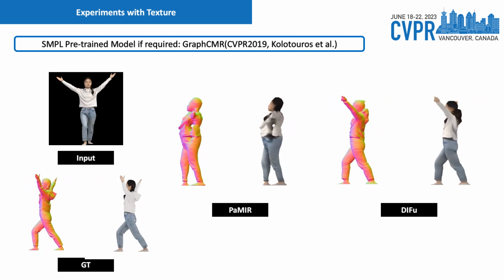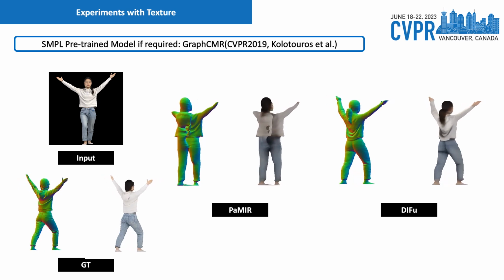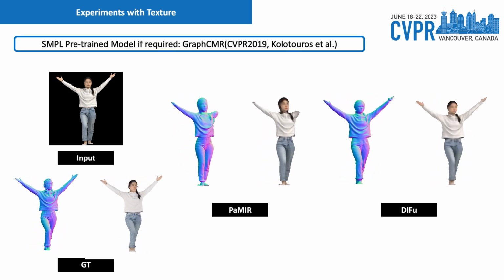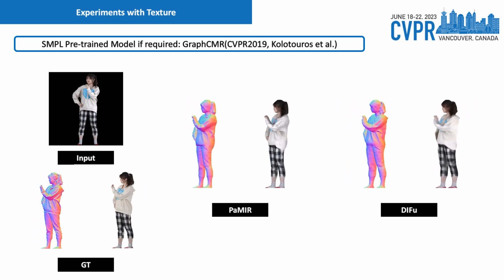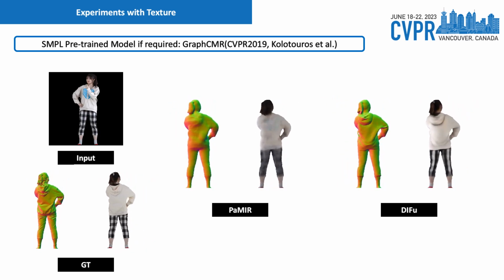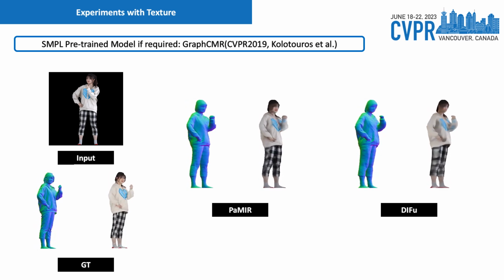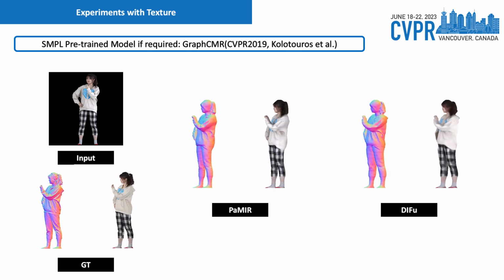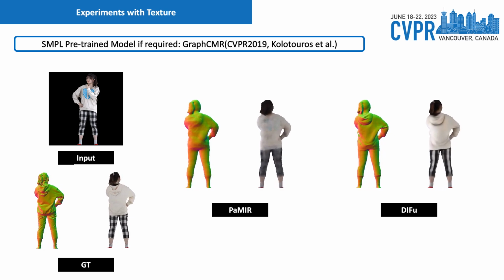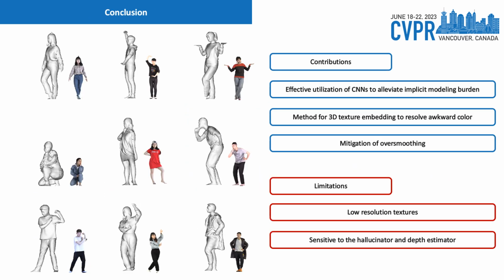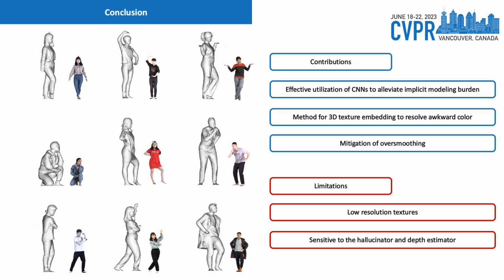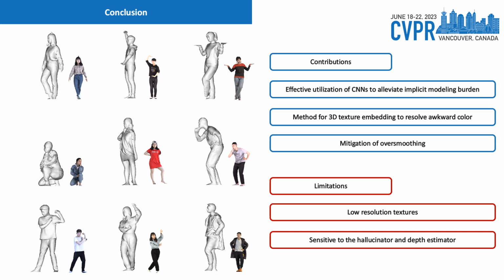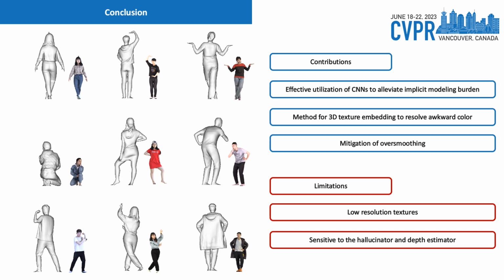By inferring the color of the backside, DIFu can alleviate this issue. However, the process of blending the front and backside colors incurs a lower resolution. In summary, DIFu alleviates the burden on the implicit function to directly estimate human shapes without proper conditions.